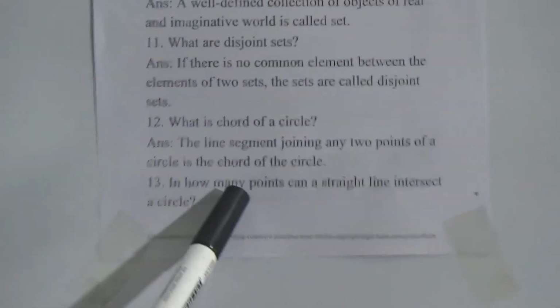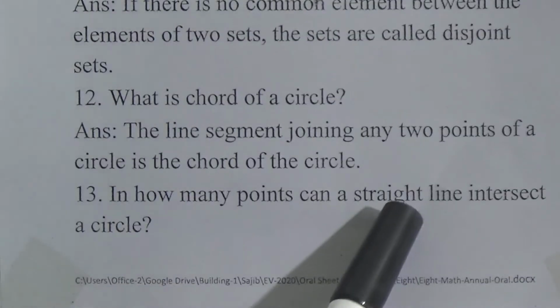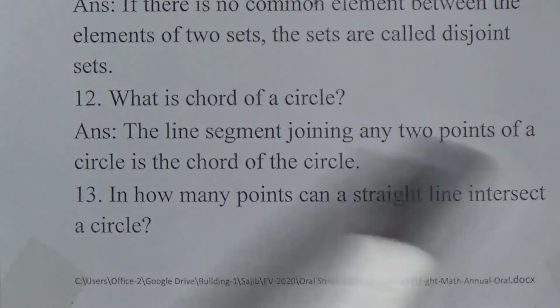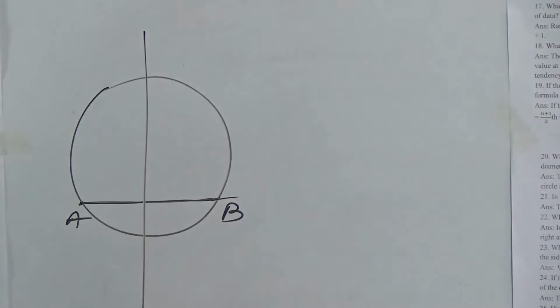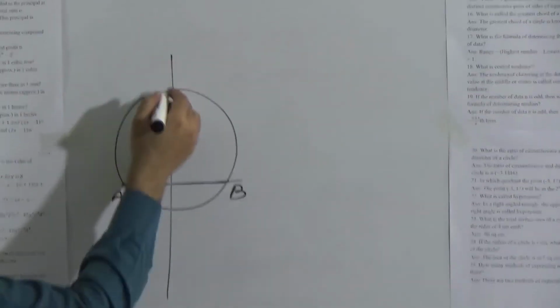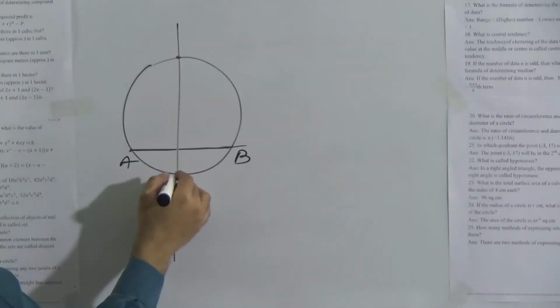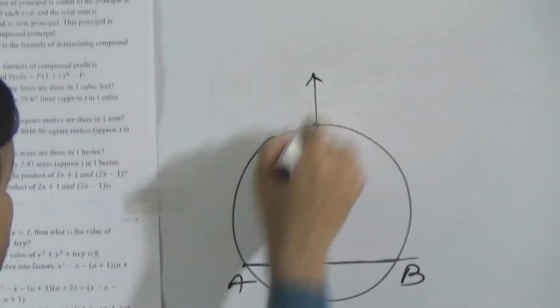In how many points can a straight line intersect a circle? Suppose AB is a straight line. A straight line intersects a circle in at most 2 points. Okay, dear students, so the answer of question 13 is 2 points.